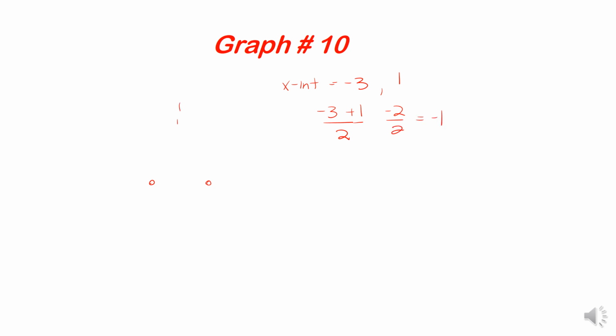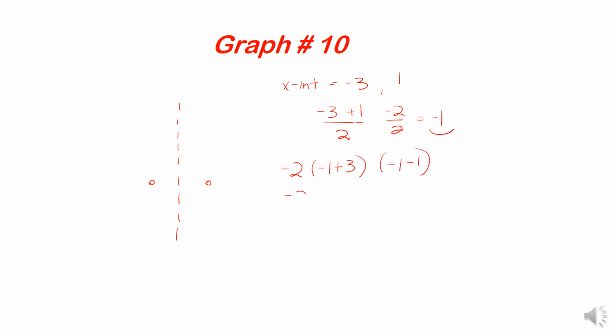So now I'm going to draw my axis of symmetry. Okay, so there's my axis of symmetry. We usually draw it as a dotted line. You can still use a ruler. So now that I've got that, I'm going to find my vertex. So I'm going to plug my x in, -2 times -1 plus 3 times -1 minus 1.